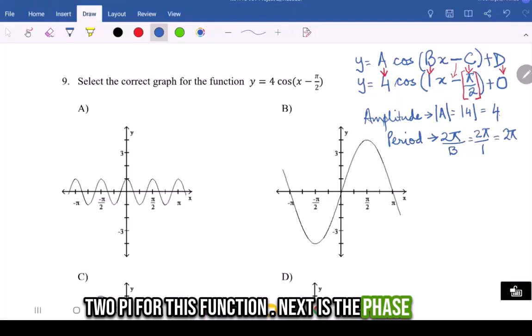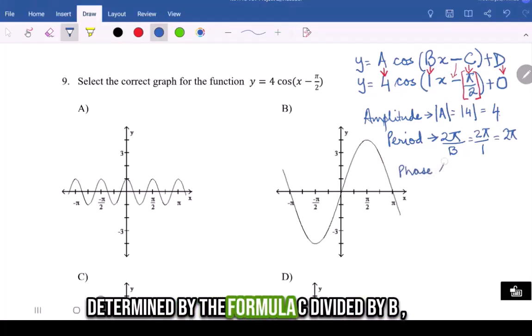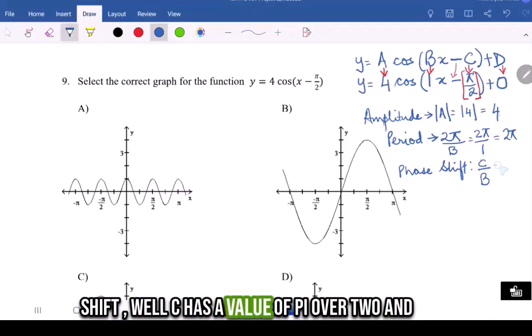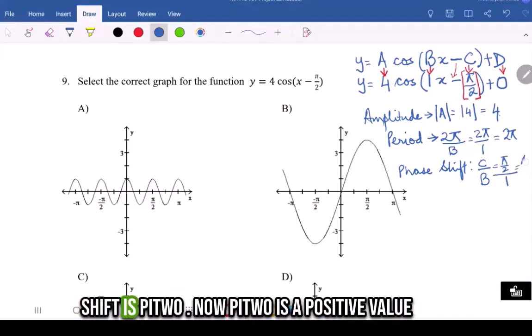Next is the phase shift of the graph. Phase shift is determined by the formula C divided by B. C has a value of pi over 2 and B has a value of 1. Therefore, the phase shift is pi over 2. Pi over 2 is a positive value.